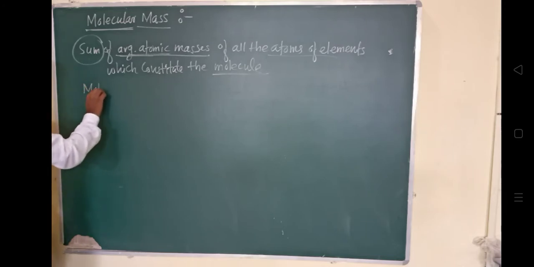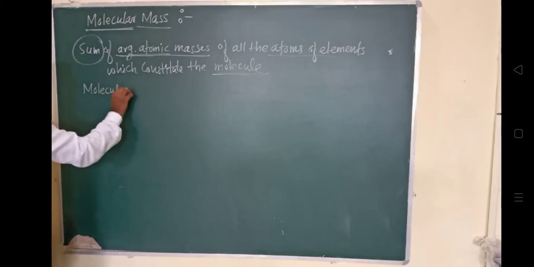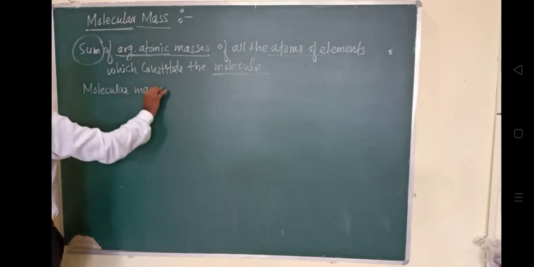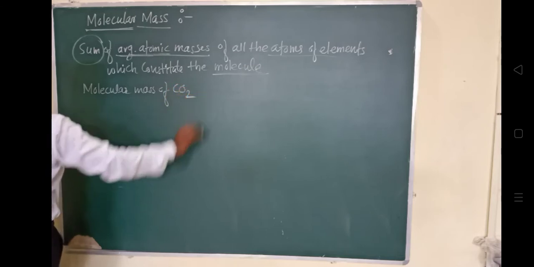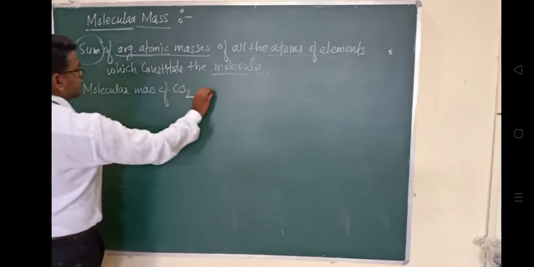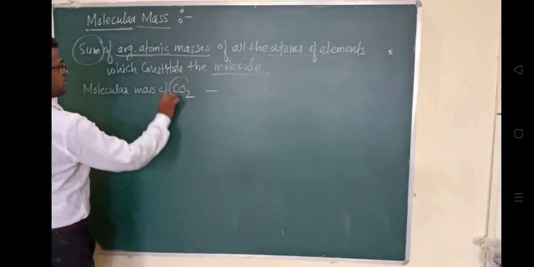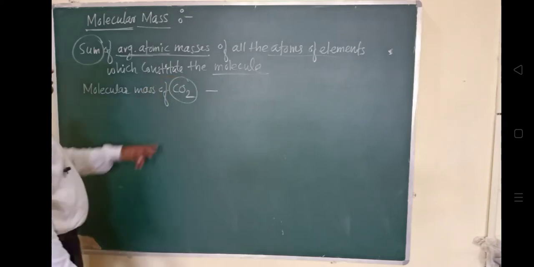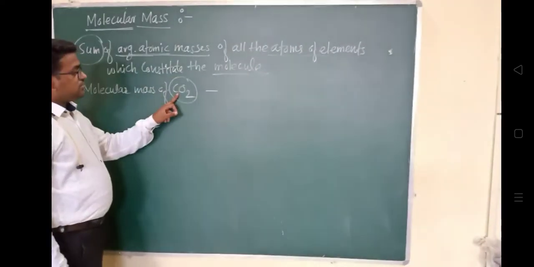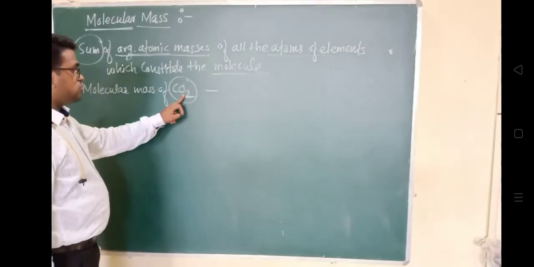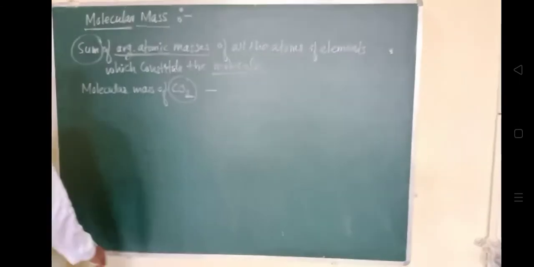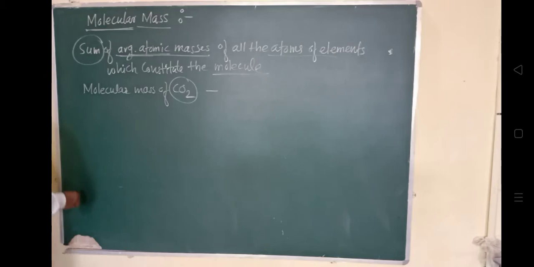Look at this, this is a molecule of carbon dioxide, which consists of one carbon atom and two oxygen atoms. So how do we calculate the molecular mass for this carbon dioxide?